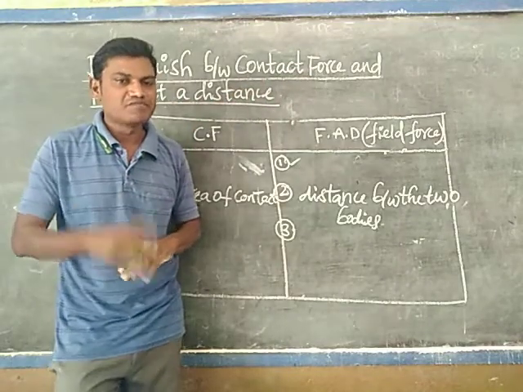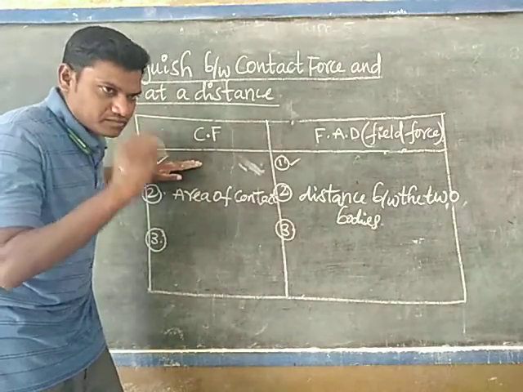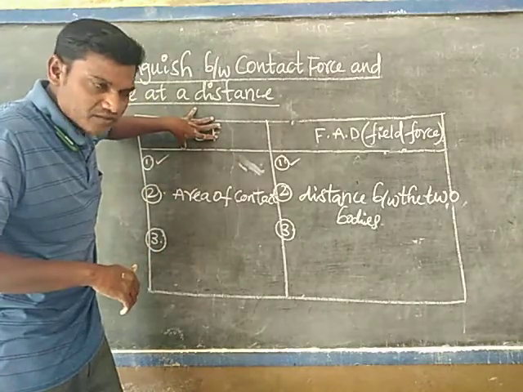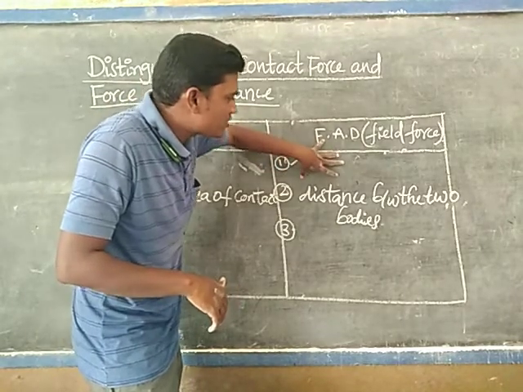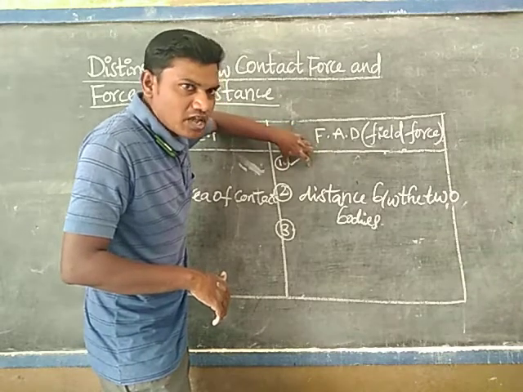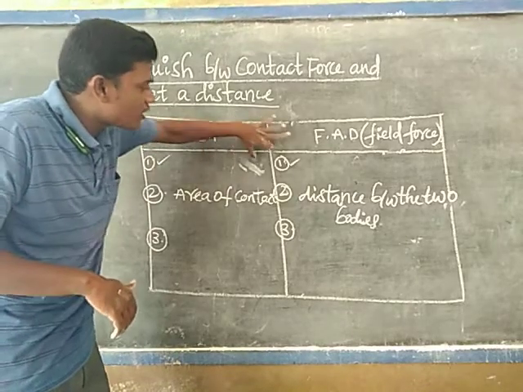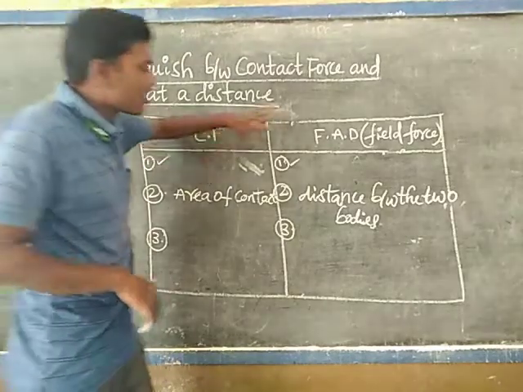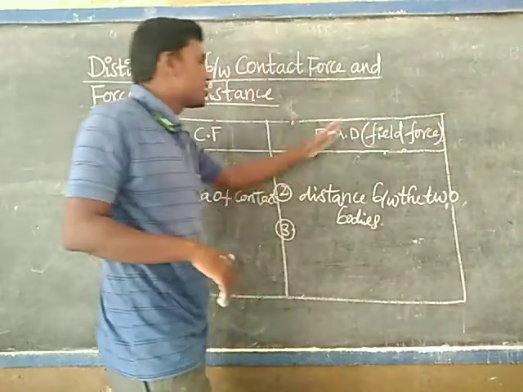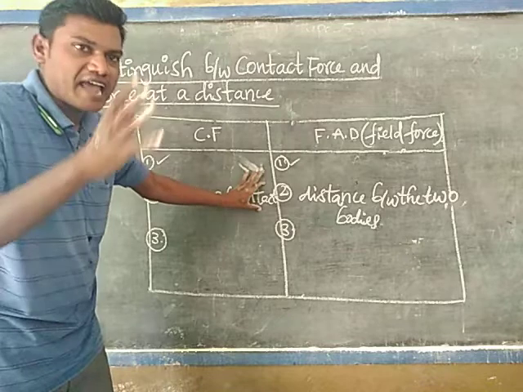So there are mainly three. First, a force which occurs with a direct physical contact between the two bodies is called contact force. A force which occurs without any physical contact between the two bodies is force at a distance. Next, contact force depends on the area of contact.